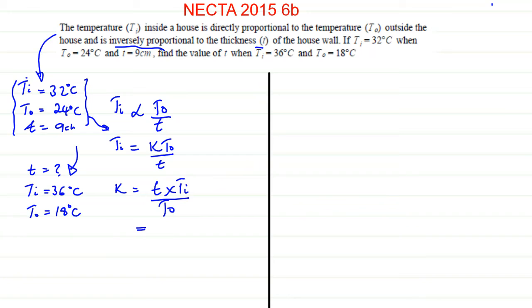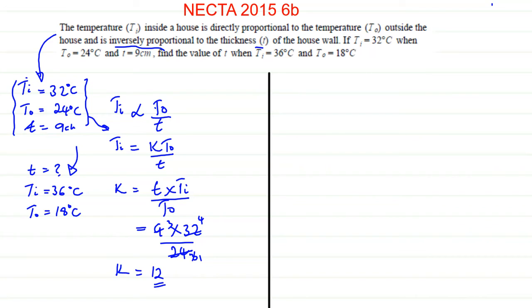Using the information that I'm given, T is 9 and Ti is 32 and To is 24. There are 3 eights in 24, so 3 and 4 of them here, 1 three there and 3 threes there. So K is going to be 3 times 4, which is 12.